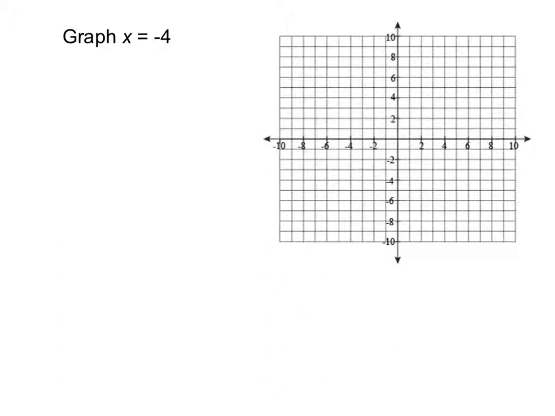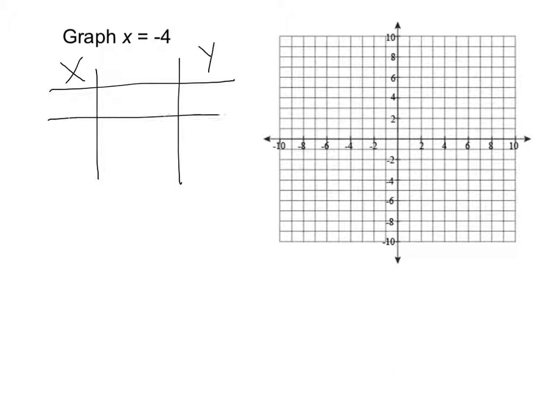Alright, let's look at another equation. What about x equals -4? In this case, if I form my chart, I'm going to have to look at this one a little backwards, because I don't know anything about y, but I know that x is always going to be negative 4.